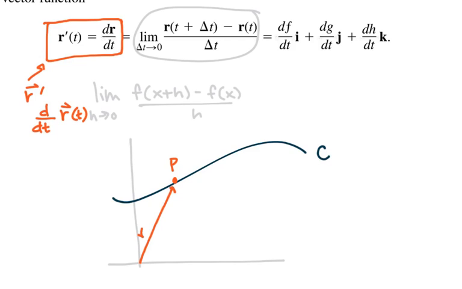I will call that vector r of t. And maybe I have a second point coming over here to some point we'll call Q, and that vector would be r of t plus delta t. So that is a vector of t at a future time.